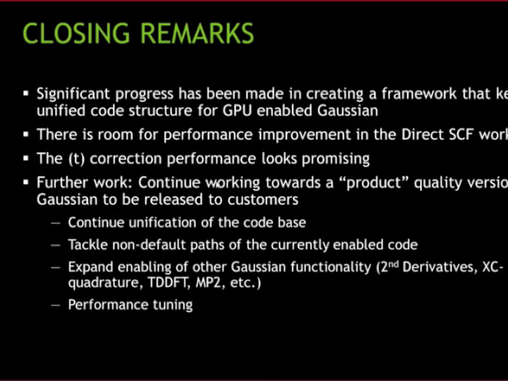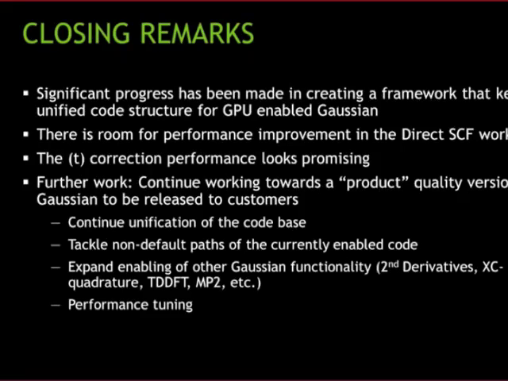So in closing, while we're seeing really very nice, promising results for the triples calculation, still a lot of work needs to be done for the DFT and Hartree-Fock sections. There's room for improvement. Our goal is to deliver a product quality code when we release it to the customers.